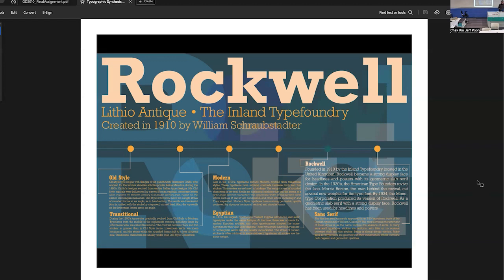Oh, what's going to happen on the final exam? Does Rockwell belong to sans serif? Is it serif? We have five classifications: old style, transitional, modern, Egyptian, and sans serif. So which classification does Rockwell belong to?